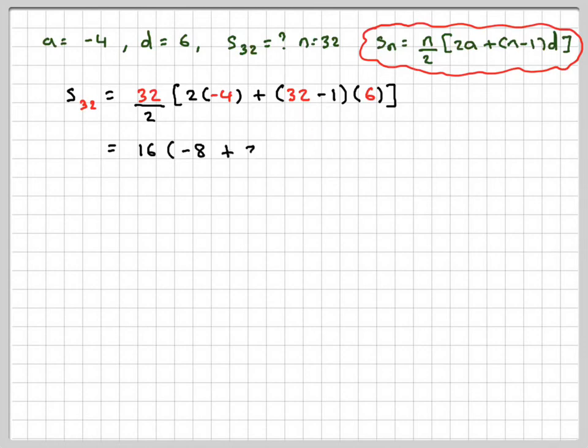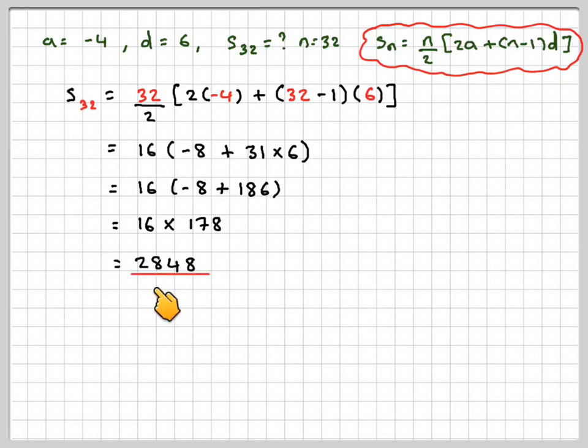That's going to give me 31 times 6, which is going to be 16 times 8 plus 186, 31 times 6, which is going to give me 16 times 178, which gives me the sum being 2,848.